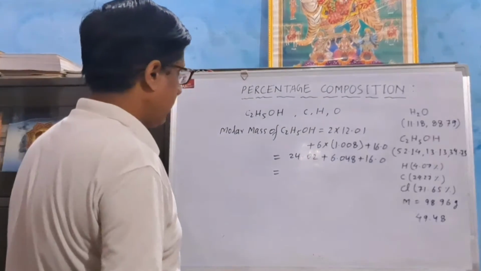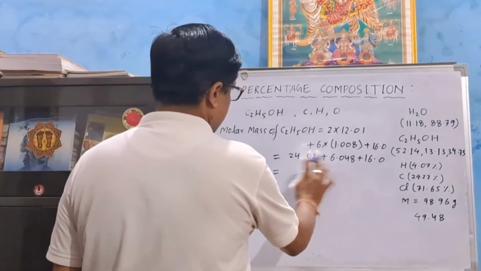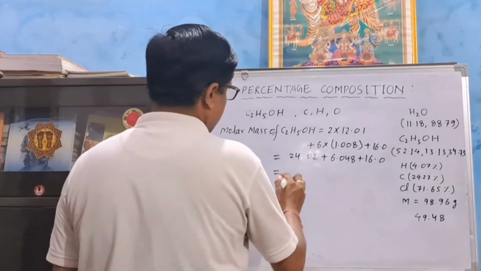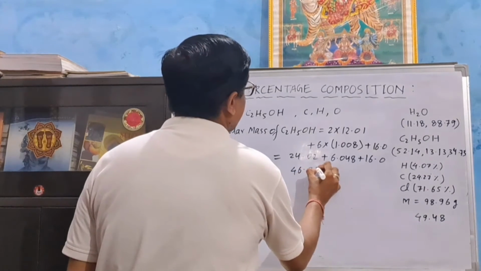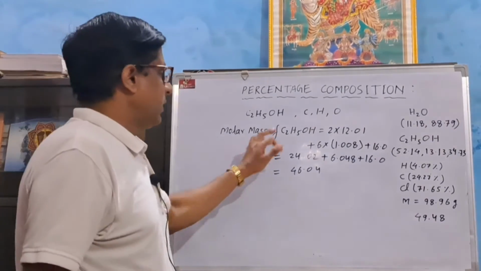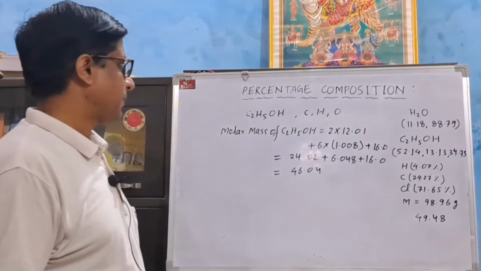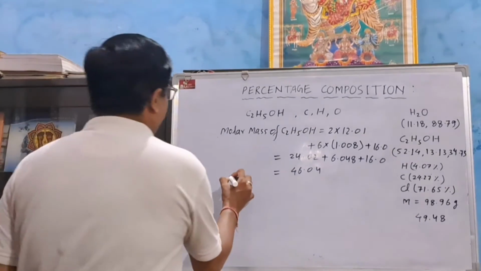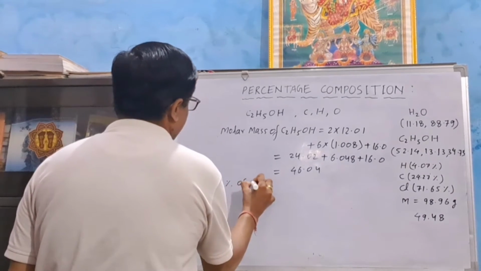This comes out to be 46.04. Therefore, the molar mass of ethanol is 46.04.